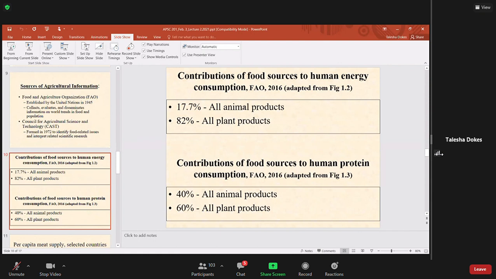Approximately 17% of energy comes from animal products and 82% from plant products. For human protein consumption, about 40% comes from animal products and 60% from plant products.